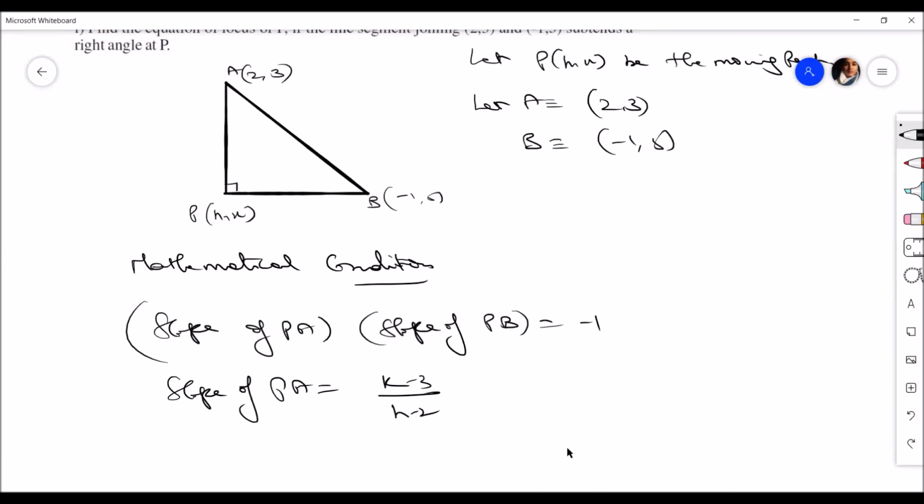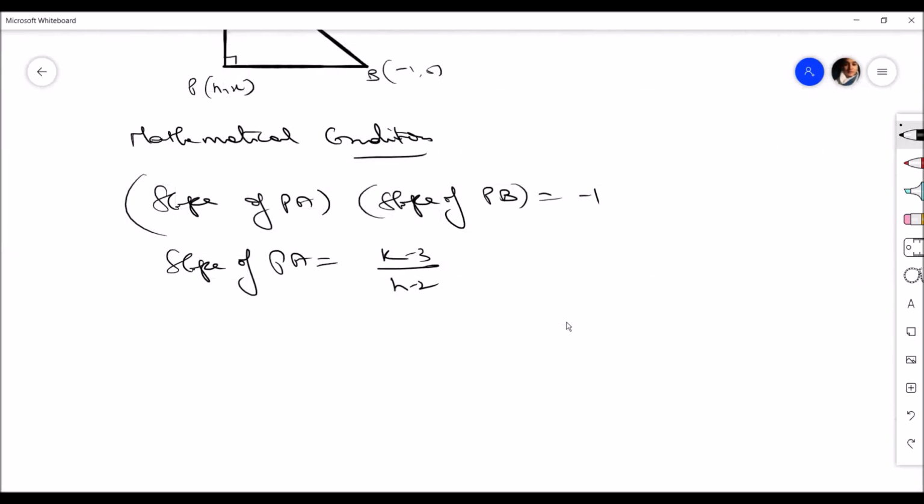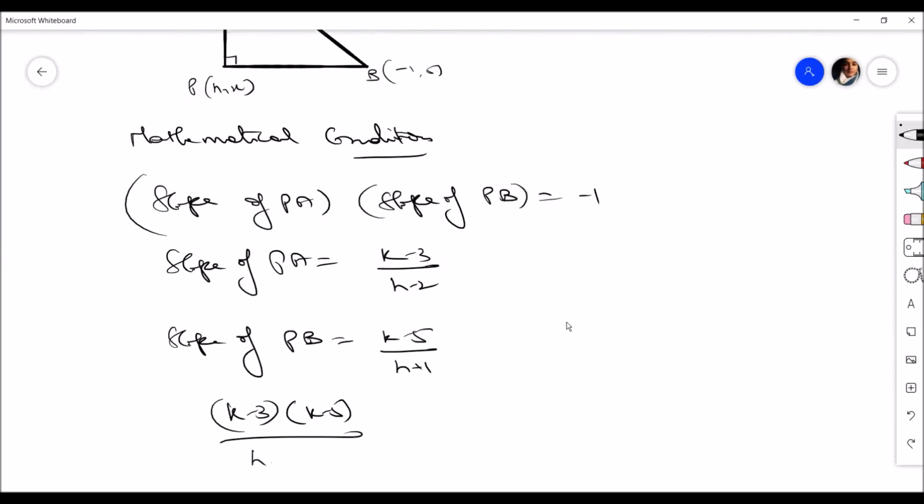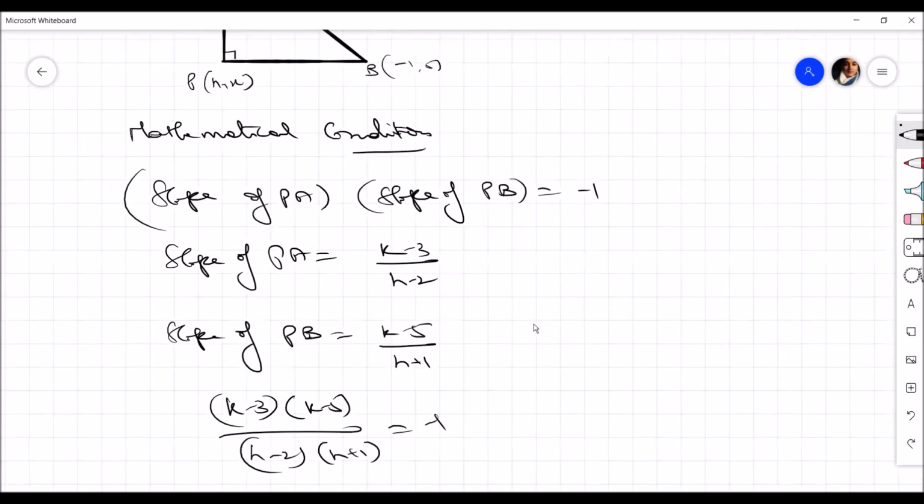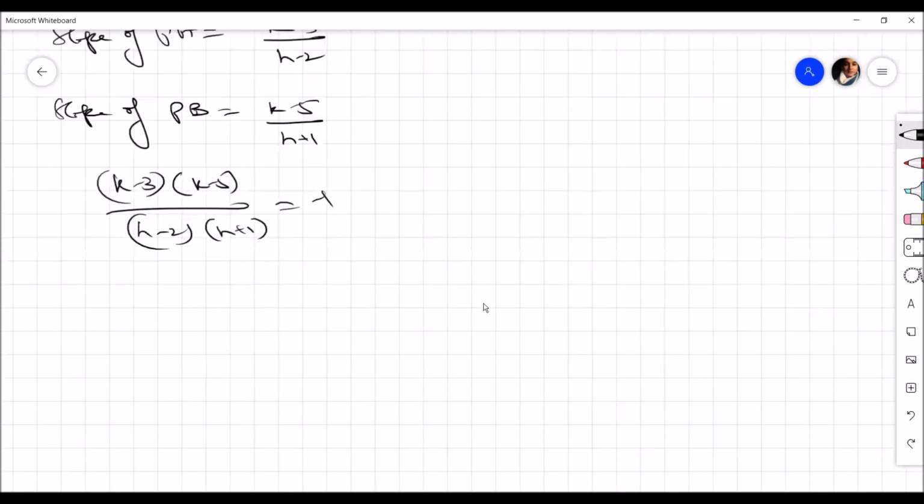And slope of PB should be equal to (k minus 5) by (h plus 1). Their product should be equal to minus 1. So (k minus 3)(k minus 5) divided by (h minus 2)(h plus 1) should be equal to minus 1.